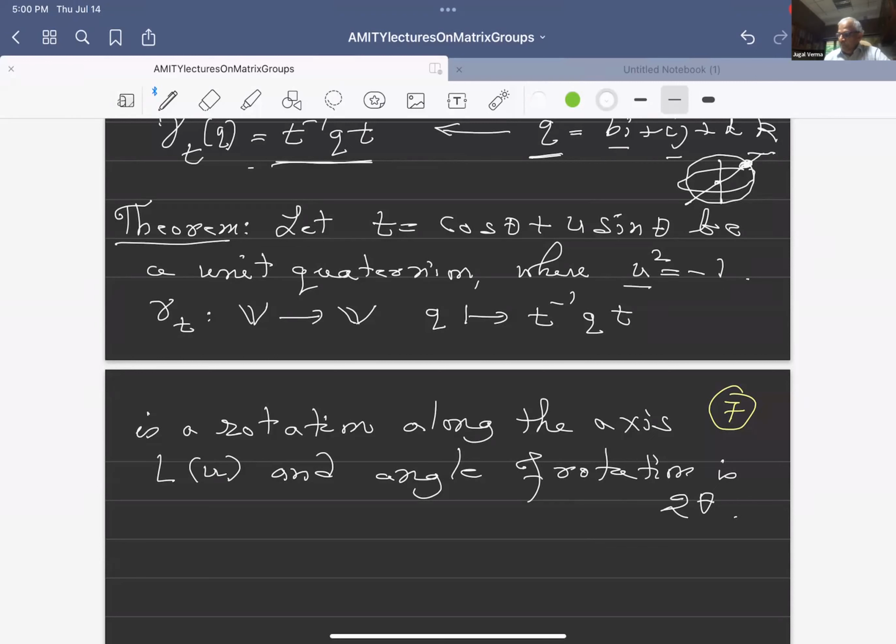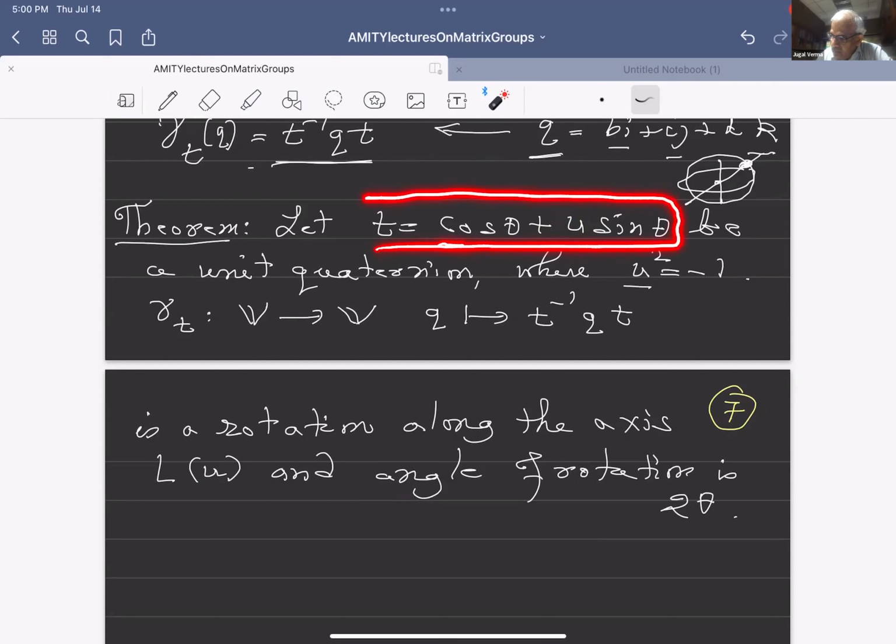So you can prescribe your axis of rotation. This is the axis of rotation, which can be thought of as a vector on the two-dimensional sphere in three-dimensional space, and 2 theta is the angle of rotation. Then construct this quaternion, T equal to cos theta plus U sin theta.